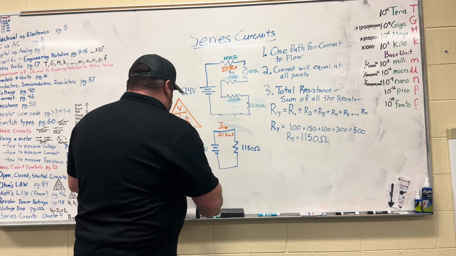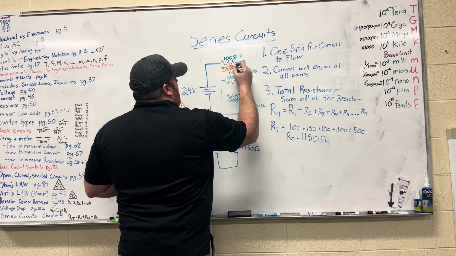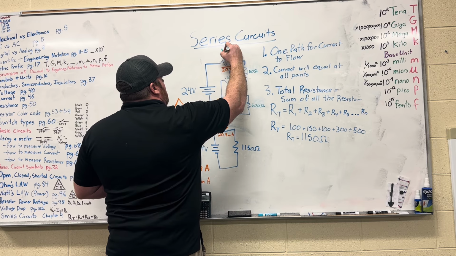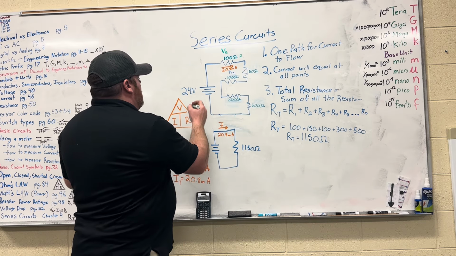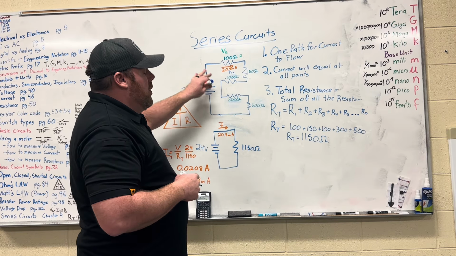So at this point, we now have a resistance value of 100 ohms, a current of 20.8, and we're looking for a voltage drop across resistor 1. When you see voltage source, Vs, that's the voltage source for the circuit.